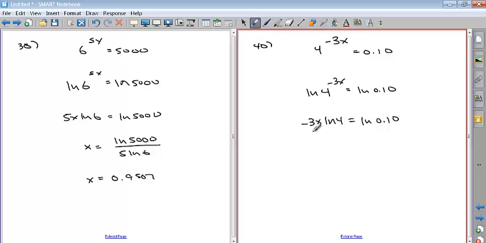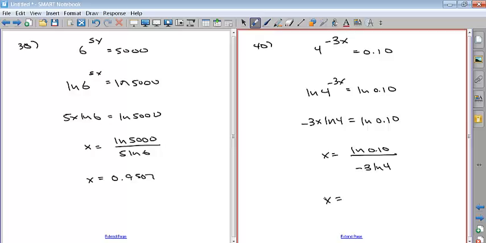Divide by -3 times the natural log of 4 to solve for x. x equals the natural log of 0.10 divided by -3 times the natural log of 4. The natural log of 0.1 is -2.3.